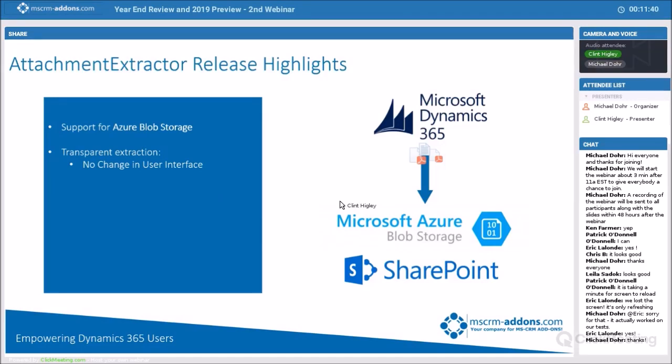We found that caused some confusion for users, so now we have an on-demand service that streams it back from the file storage location into CRM once the record is accessed. So users will just see the name of the file plus the extension and the file size. They won't see any kind of change. It'll just be like the file's still there in CRM when actually we're pulling it from the alternate storage location.